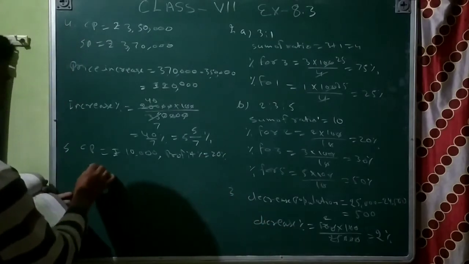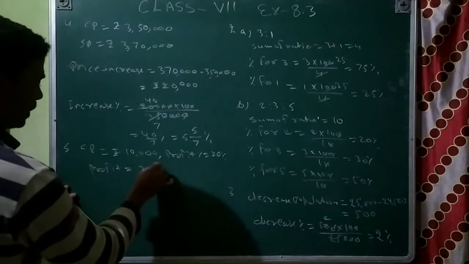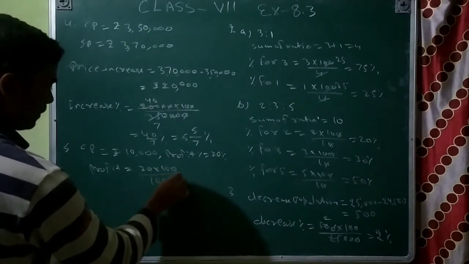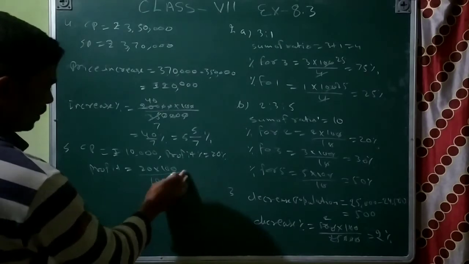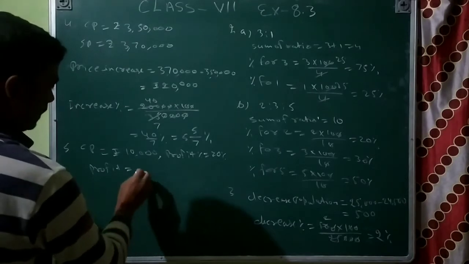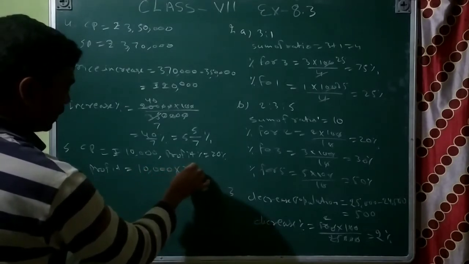So profit is equal to 10,000 multiplied by 20 upon 100.